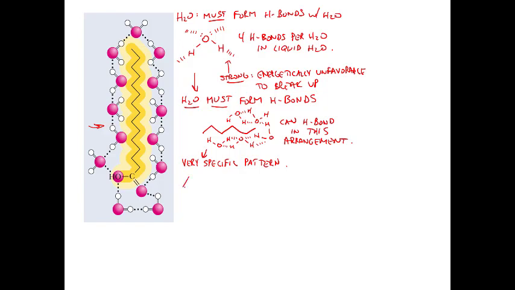Okay, now, what do you suppose the favorability of this is? What do you think the delta G of this sort of arrangement is? Well, I refer you back to the definition of delta G. The free energy change for any process is delta H, the enthalpy change of that process, minus the temperature times the entropy change.